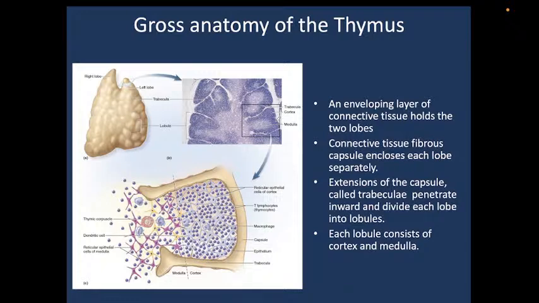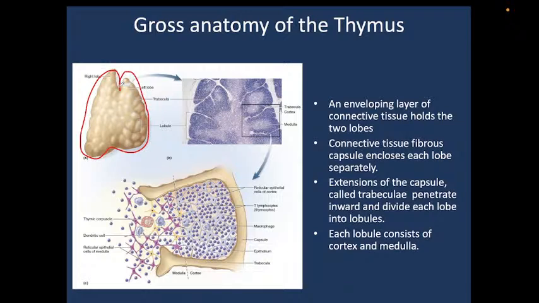If we take a look at the gross anatomy of the thymus, we might notice an enveloping layer of connective tissue holds these two lobes closely together. It means around this organ we find connective tissue, an external covering made from connective tissue.